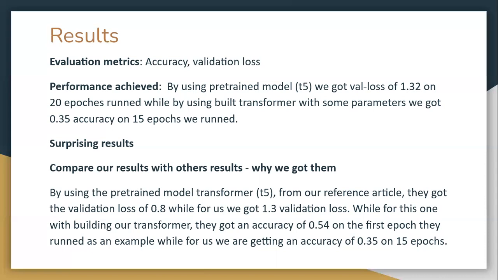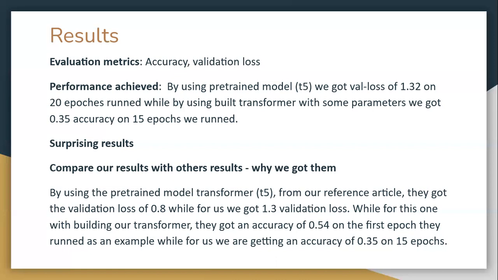However, we didn't get enough time to continue changing our parameters to improve the accuracy. Comparing to the results others have obtained, for the reference we used on the T5 transformer model, they got 0.8 as validation loss, while for us we got 1.3.